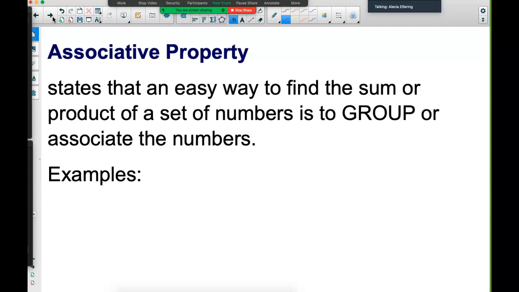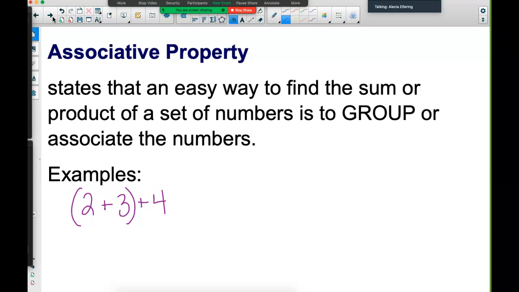So this property also only works with adding or multiplying. And it says that we can change the grouping. So when you group or associate things, an example might look like this. I might group the 2 and the 3 together.